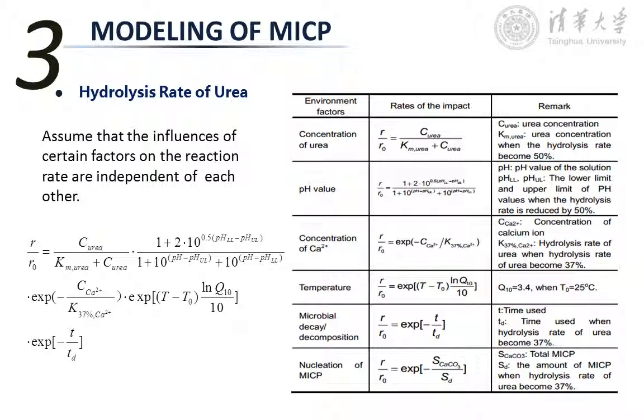Assume that the influences of certain factors on the reaction rate are independent of each other. Then the hydrolysis rate of urea can be presented as the following equation.